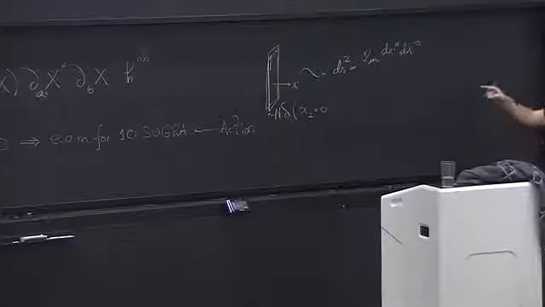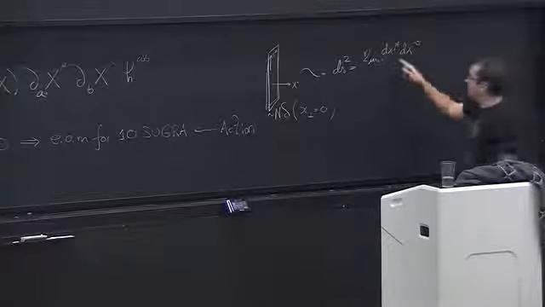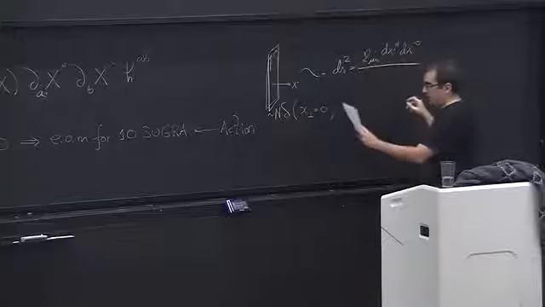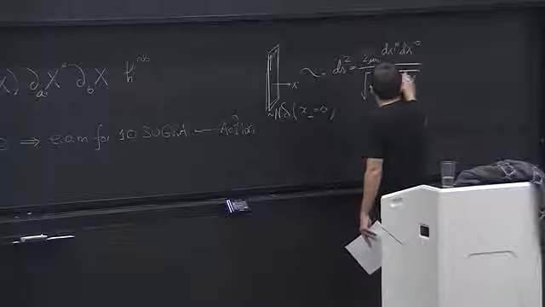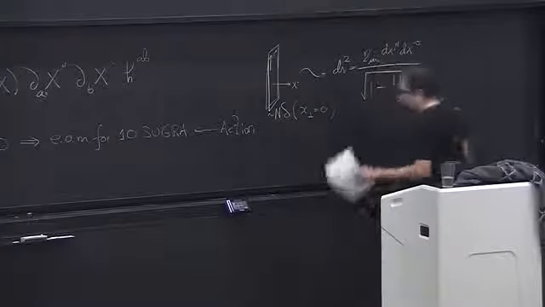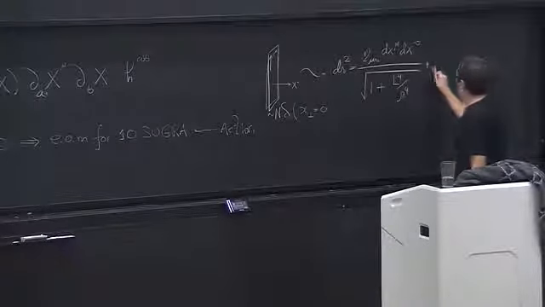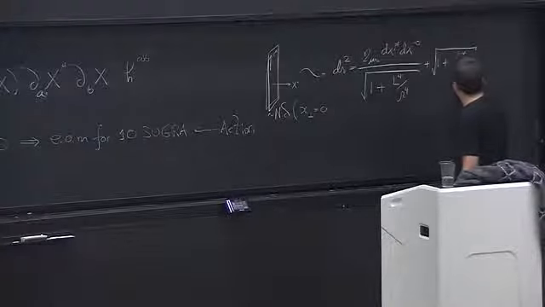Like in our scalars, we have a mu and then we have phi I. It's not a coincidence that I'm using these coordinates. And the action you get is just this, divided by the square root of 1 plus L to the 4 over r to the 4, plus the same square root up here, dxi dxi.